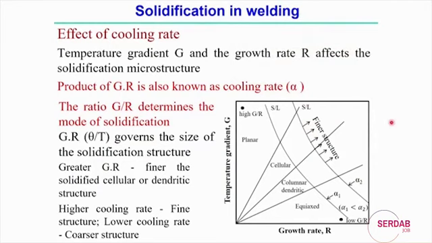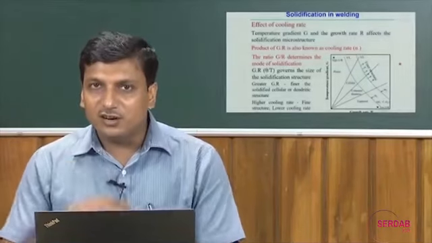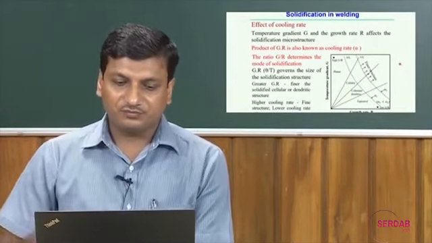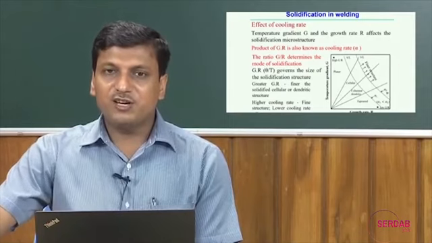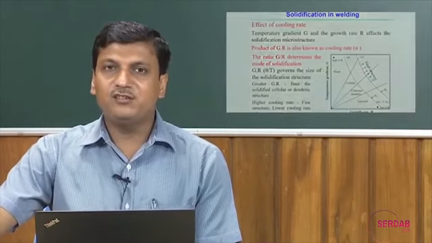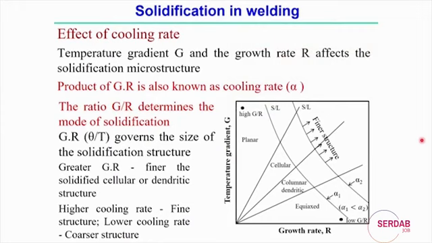Basically, alpha 1 equals one value of G into R, and alpha 2 is another value of G into R. From this figure we can explain quantitatively whether it is a fine or coarse structure, and what the solidification mode is, whether planar, columnar, dendritic or equi-axed.